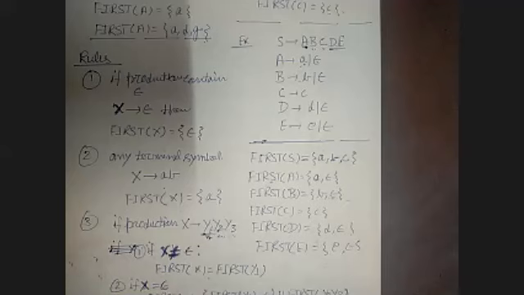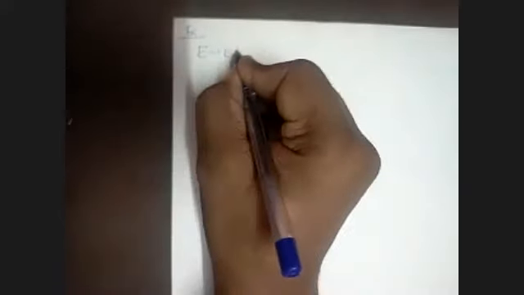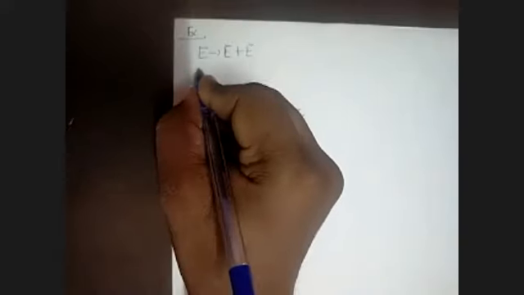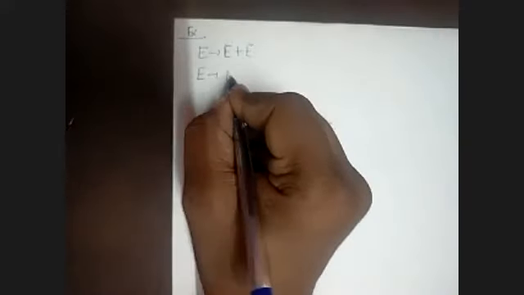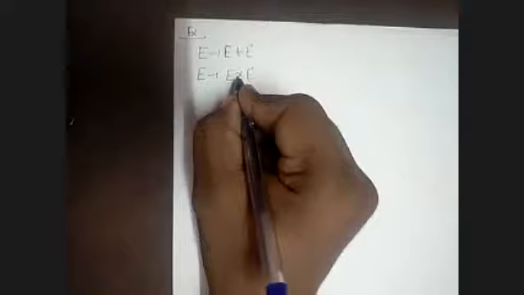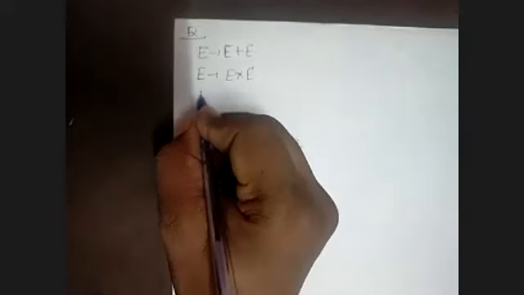Now we come to what people studied earlier, and what is its use. So we take the previous grammar. Again, we take an example: E tends to E plus E, E tends to E asterisk E, and E tends to ID.